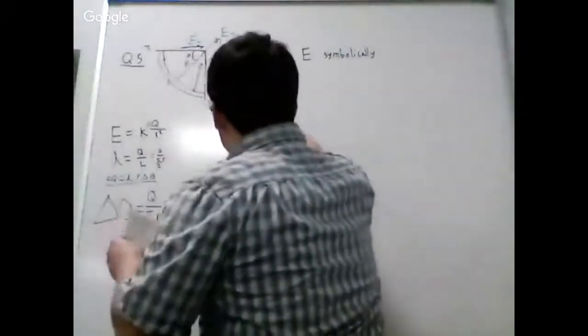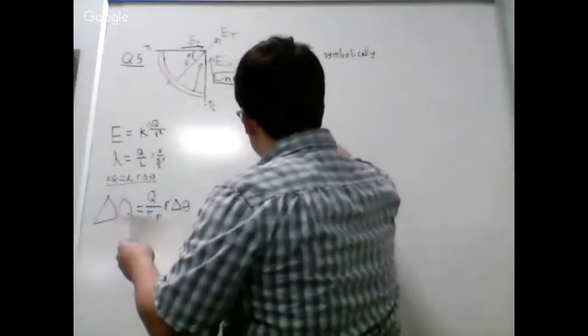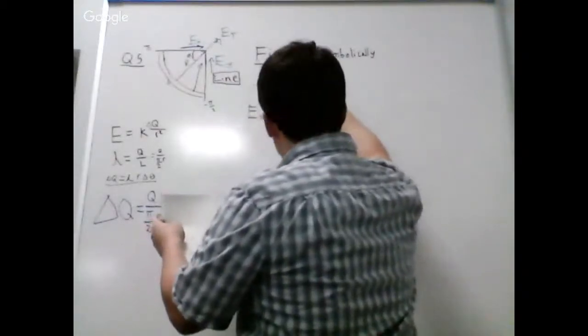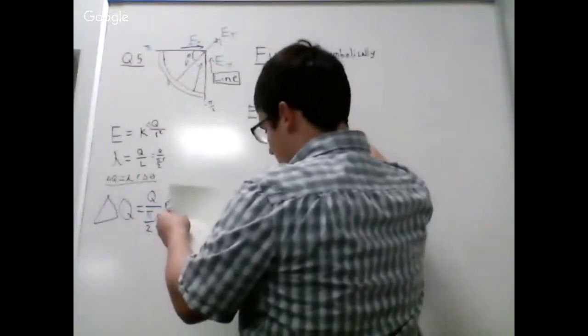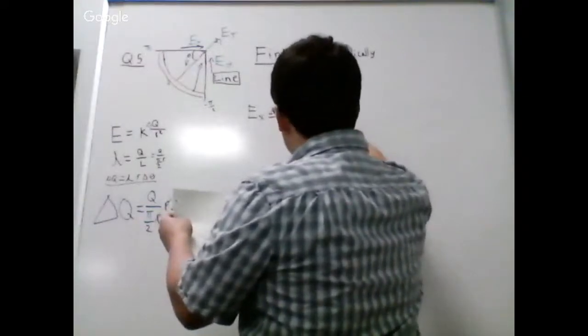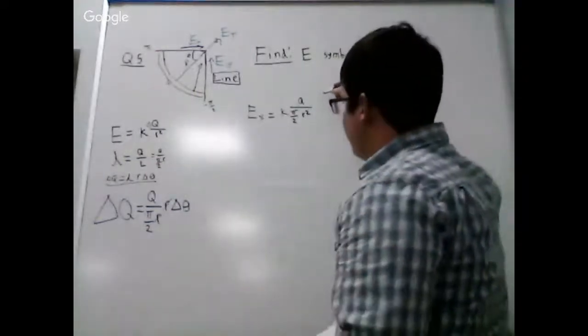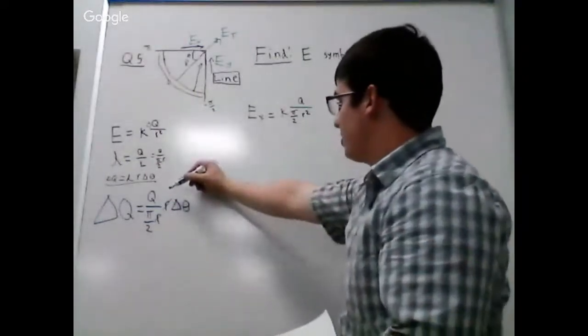So that'll look something like this. E of X will be equal to our K times Q over pi halves times R squared. That's just coming from this equation over here.